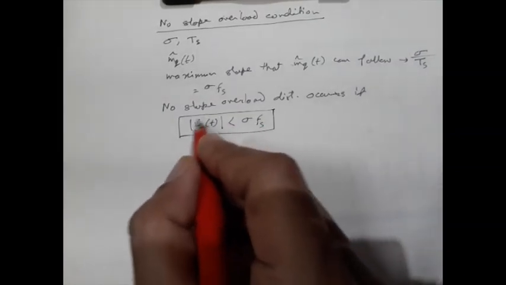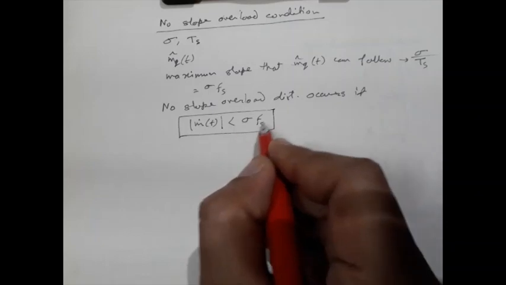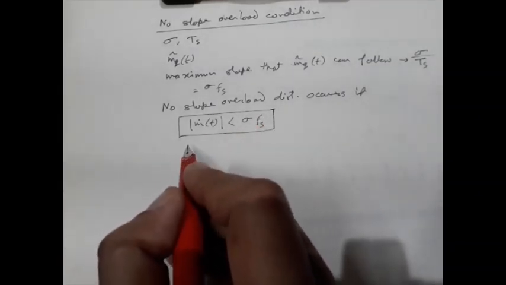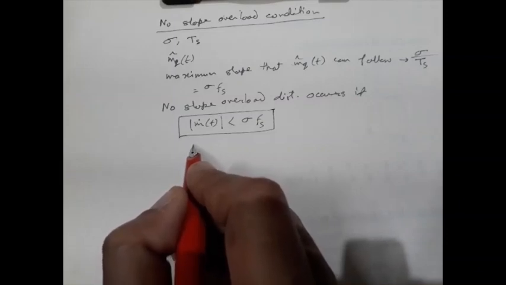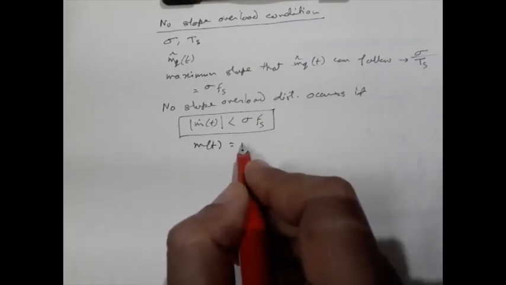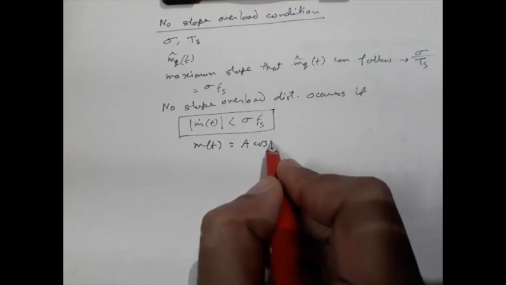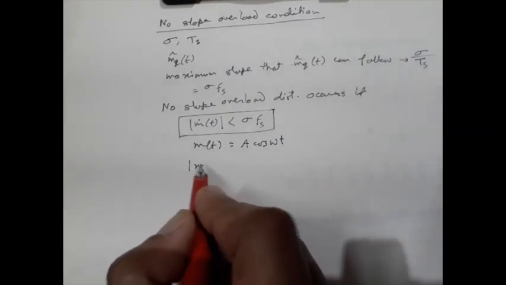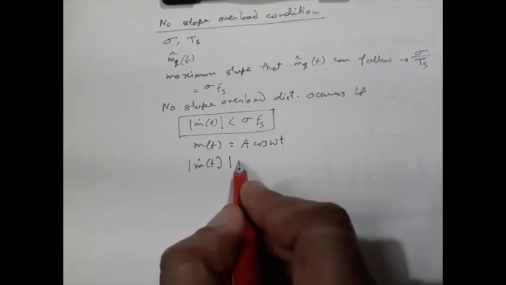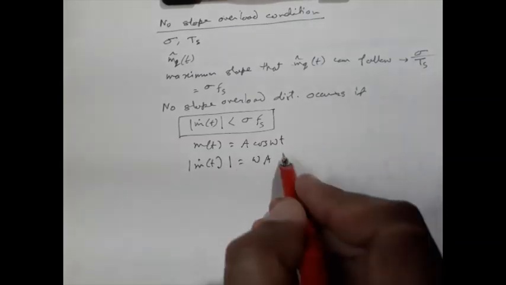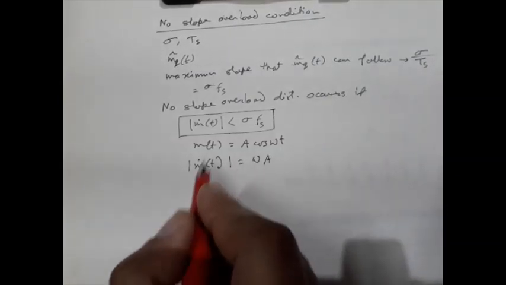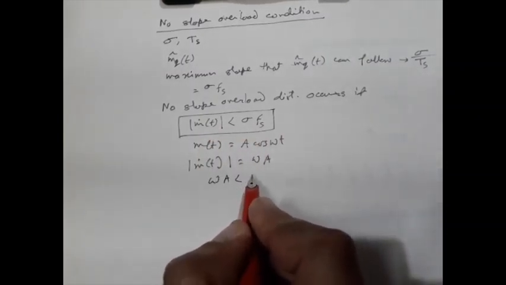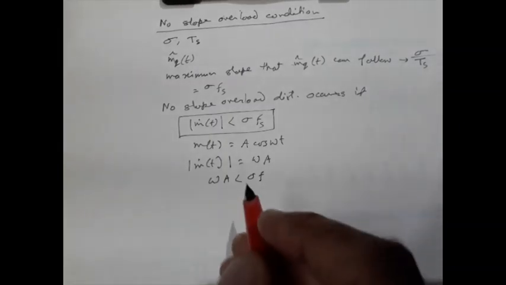That means the slope of the message signal must be less than the slope of the integrator. Let us take just one example. Say m(t) is some sinusoidal variation. In that case, the magnitude of m dot t is equal to omega into A. And according to this relation, this omega into A must be less than sigma into Fs.